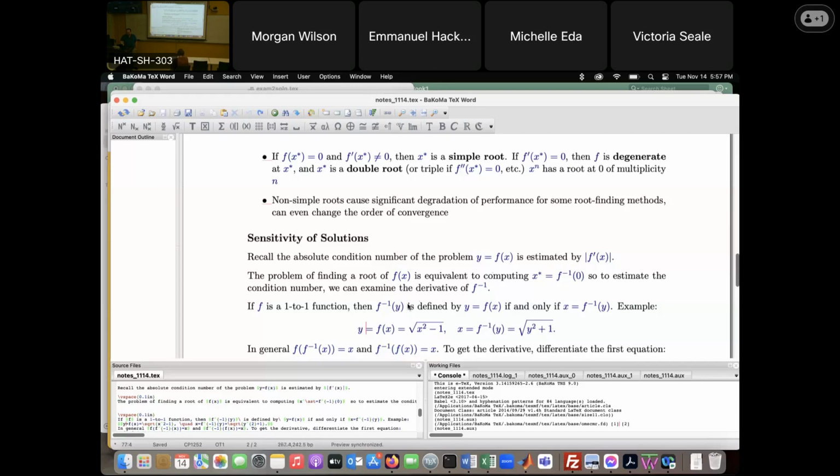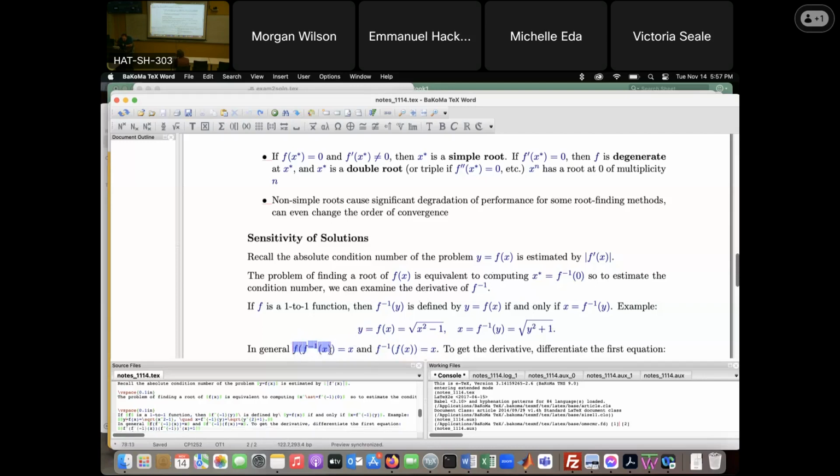Okay. Now, a function and its inverse satisfy these relationships that they cancel each other out. So f of f inverse of x is just x. Similarly, f inverse of f of x is equal to x. And I can use the first one of these equations to get a hold of the derivative of f inverse.